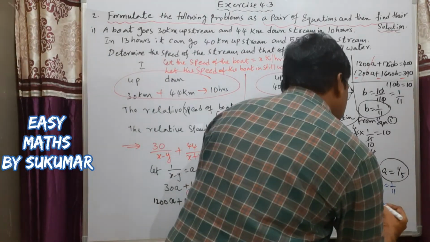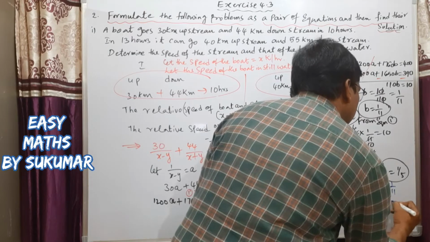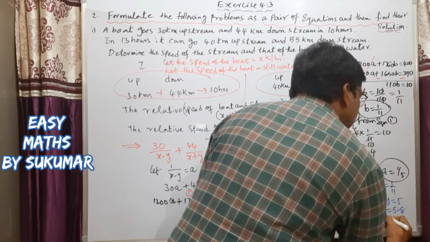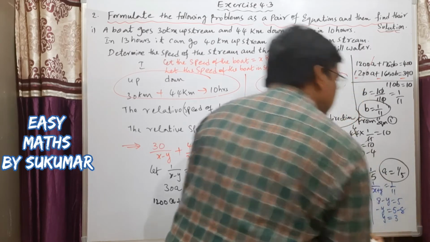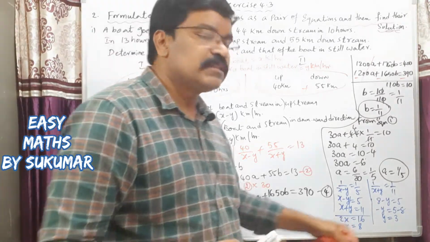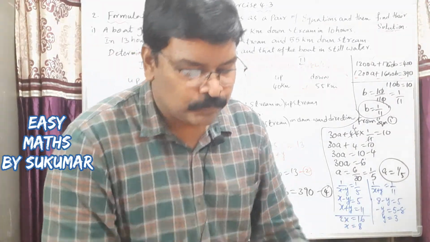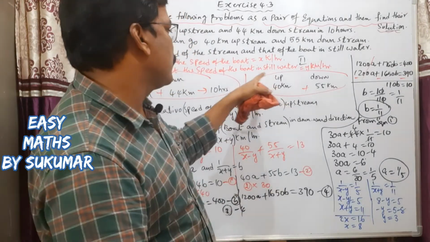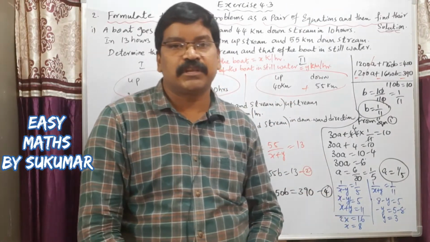That means 8 minus y is equal to 5. That means minus y is equal to 5 minus 8. So y is equal to 3. So x is equal to 8 and y is equal to 3. That means the speed of the boat is 8 km per hour and the speed of the boat in still water is 3 km per hour.